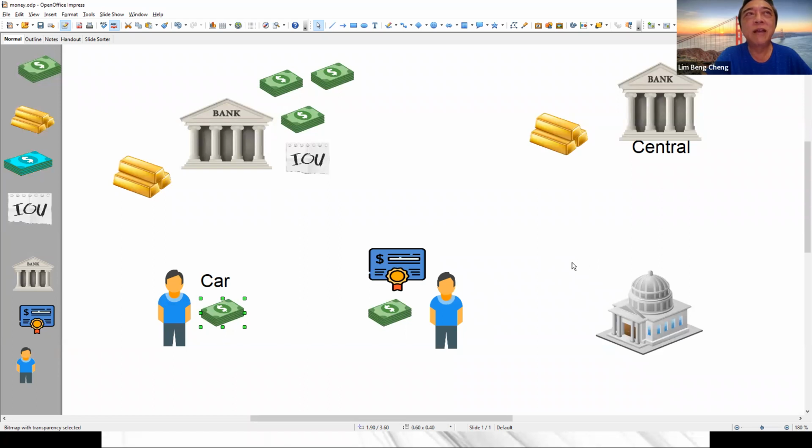So now how? Okay, let's say the government creates an IOU one more time. Create one more of this bond, and you find that nobody wants to buy the bond, or not enough people want to buy your bond. Then how?